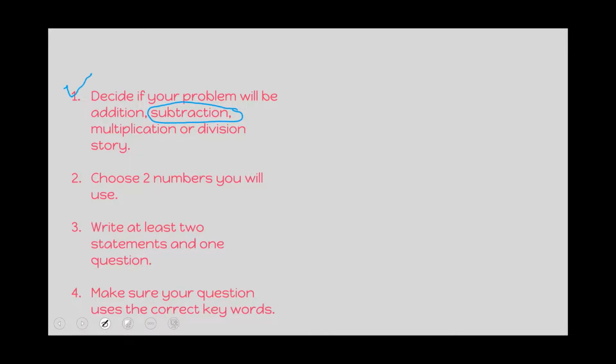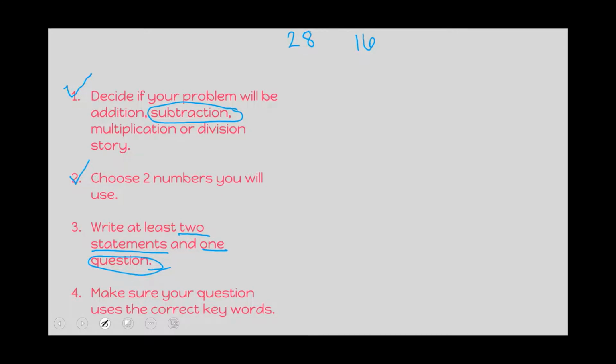Step 2, I need to choose 2 numbers that I'm going to use. I think I want to use number 28 and number 16. So I've done step 2. Now let's go to step 3. I need to write at least 2 statements or sentences and 1 question.